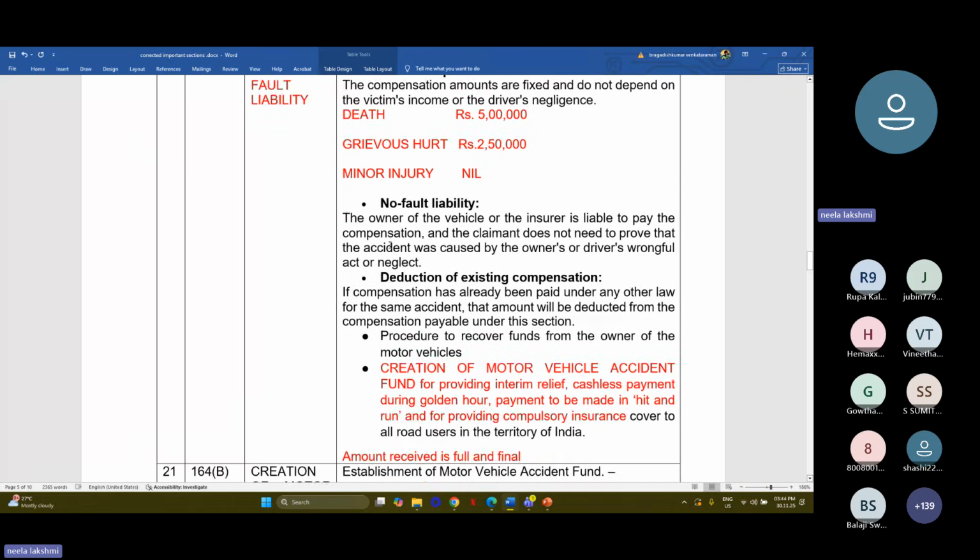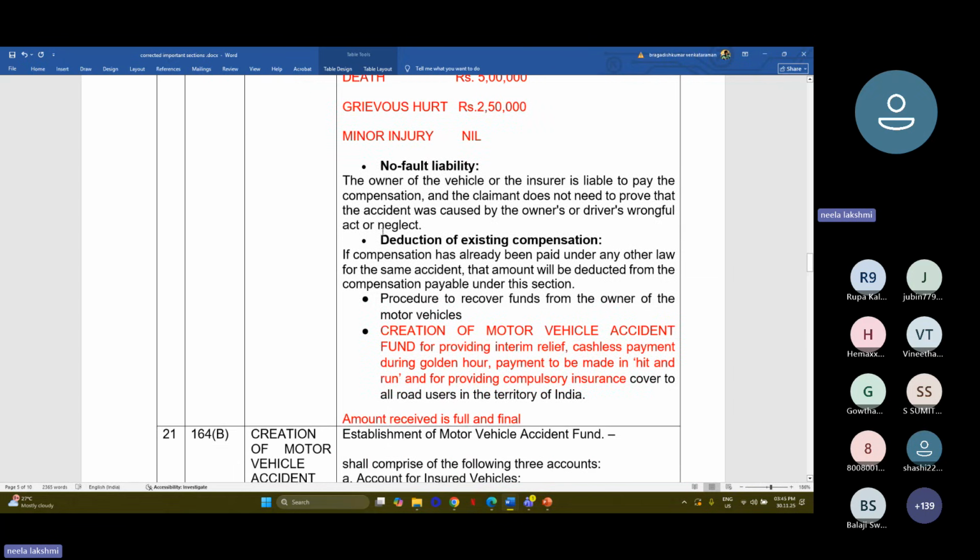As the term itself suggests, it is based on no fault liability, so the driver's or owner's negligence need not be proved in any circumstance. Hence, the owner's or driver's wrongful or negligent act need not be proved.